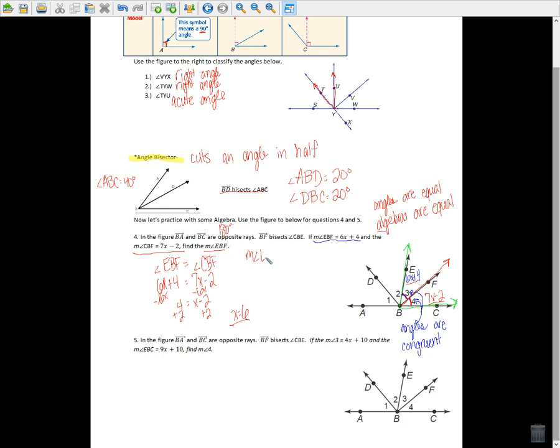So the measure of angle EBF is going to be equal to 6 times x plus 4, and we said that x was 6. I'll draw a little arrow for you if you got lost along the way. This is where our 6 is coming from. So the measure of angle EBF is going to equal 40.